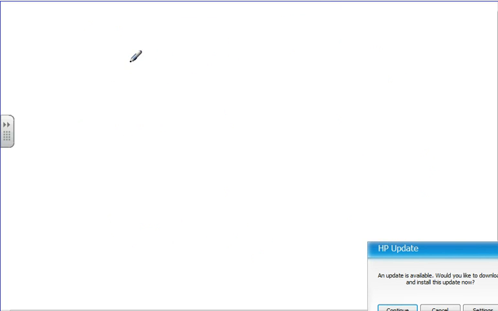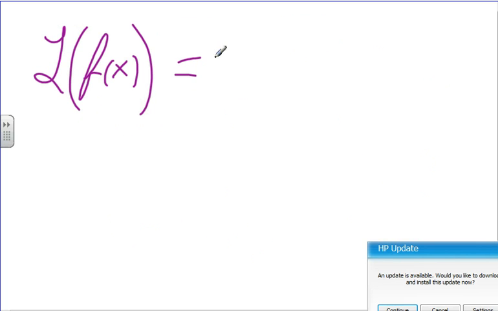All right, so what is this Laplace transform? I have a function f of x, and I take the Laplace transform of f of x, and I get f of s, capital F. So my capital letters of s are, and we'll use a t here for time. So I'm in the time domain. I take the Laplace transform in the time domain.